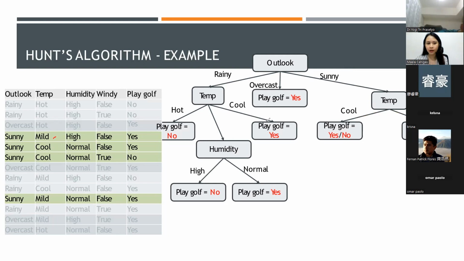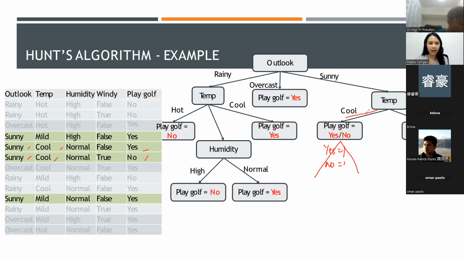So for instance, sunny, mild, yes, we have one. Oh, let's focus on cool first. Cool, sunny, cool, yes. So we have one yes. We also have sunny, cool, and no. We also have one no. So this meant that we have to branch out in the next iteration.